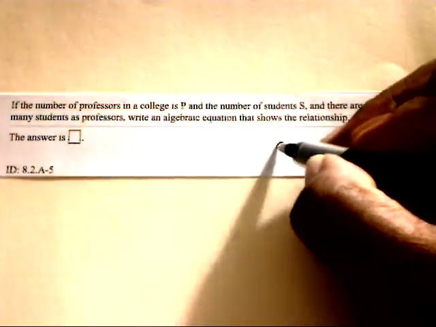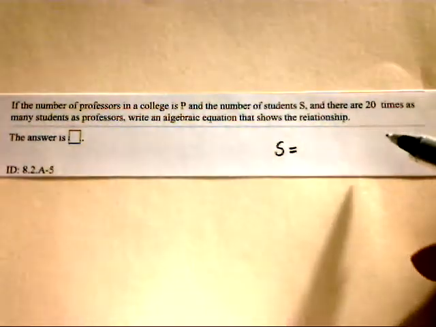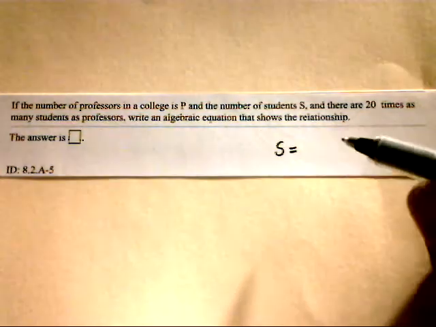If the number of professors in a college is P and the number of students is S, and there are 20 times as many students as professors, write an algebraic equation that shows the relationship. Okay, we're letting S be the number of students. So here, there are 20 times as many students as professors.